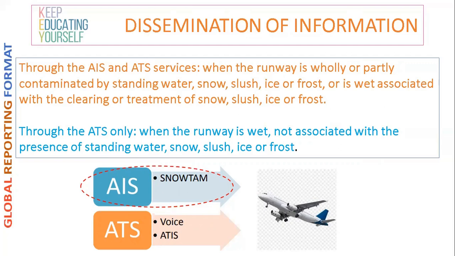If contaminant depth changes as per table number 2, in which the extreme right column was, if you remember, significant changes. So suppose earlier 3 mm of slush was there, now it is 8 mm of slush, which is more than 3 mm. So it's a significant change. So you have to go for a new runway condition report.